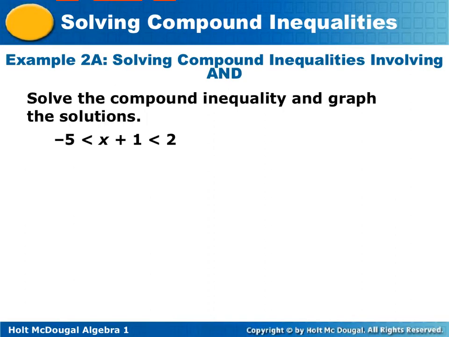Subtract 1. Good. Now, here's the part that's different. Here's the part you need to understand. When you subtract 1, how do you decide which one you subtract it from outside the inequalities? Because before, we subtracted it from one side, we subtracted it from the other side. Well, now there's 2 other sides. How do you decide which one gets a subtracted 1?